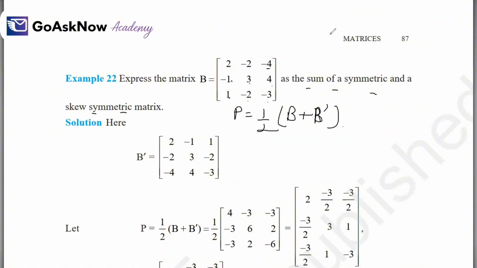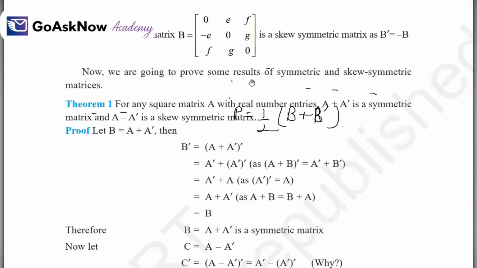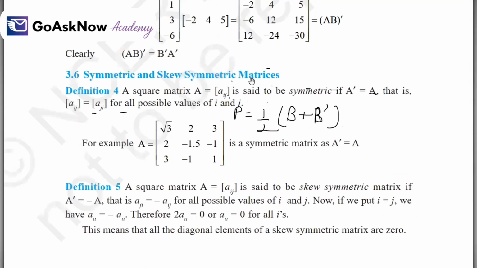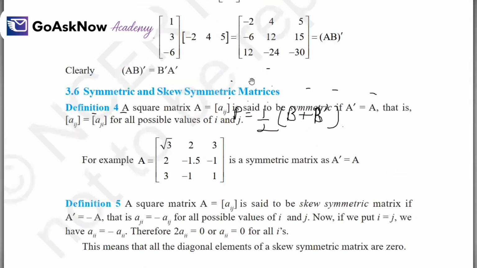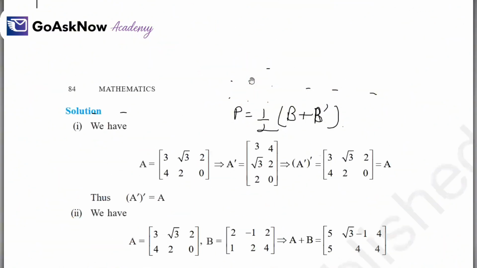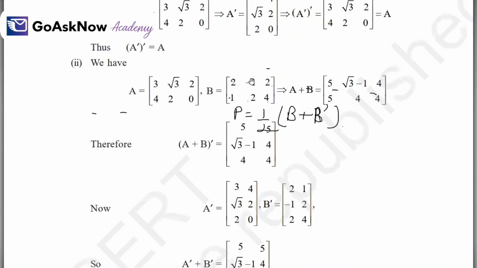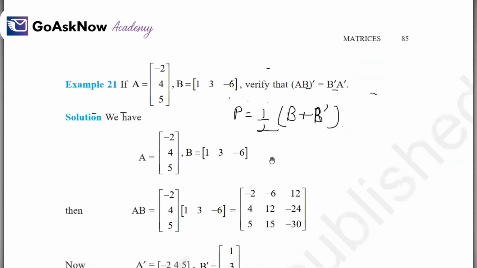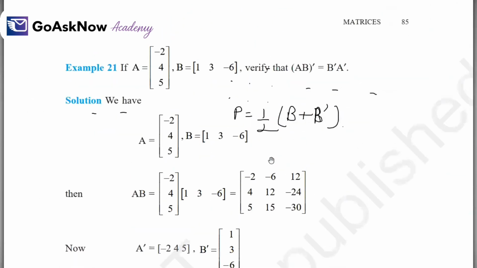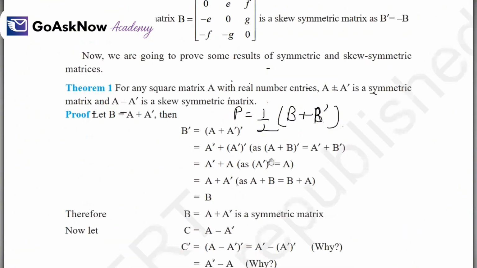So you already know what is the adjoint of a matrix. Just a second. No, sorry, this is the transpose of a matrix. So I was talking about the transpose of a matrix, not the adjoint. So we can write it as the sum of the matrix plus its transpose.